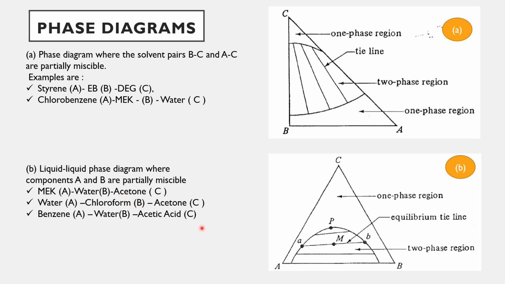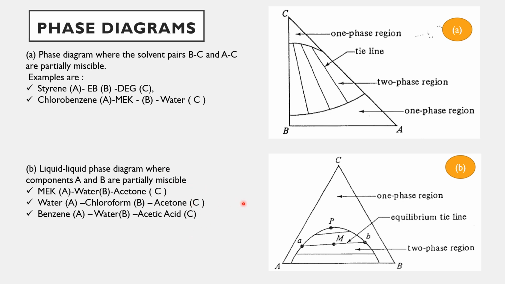Remember in the previous slide, we looked at the triangular diagram or triangular coordinates. So this is the outcome of that plot using triangular coordinates, representing the three components A, B, and C. Inside the pocket here, with the mixed point M, is a two-phase region, and outside of the pocket is a one-phase region.